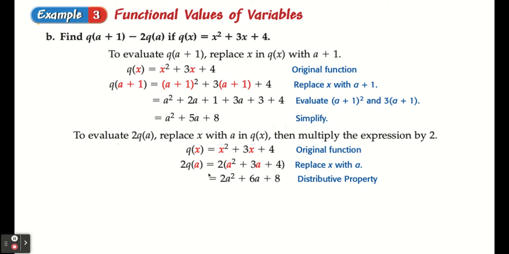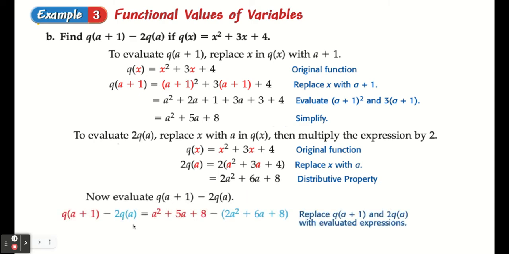So now that I found this part, and I found the first part, I can just take the first expression that I found and subtract the second expression from it. So let's go ahead and evaluate that. The first part minus the second part: a squared plus 5a plus 8, minus all of the second part, 2a squared plus 6a plus 8.